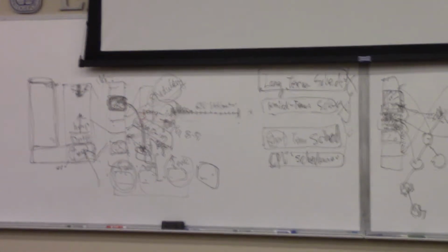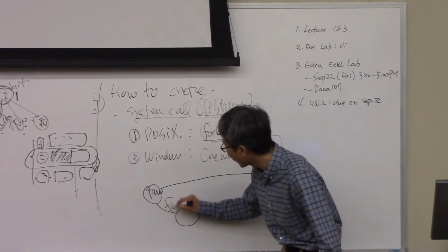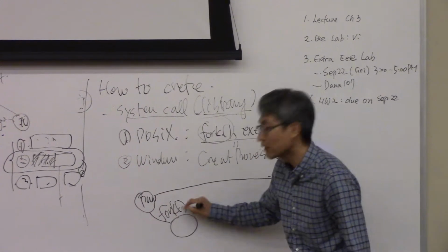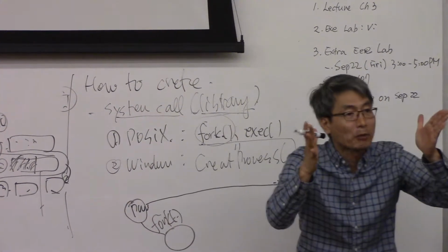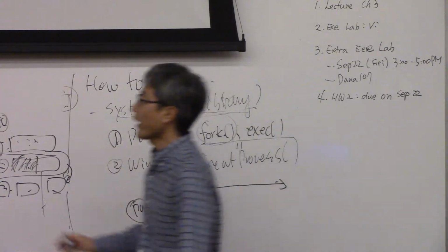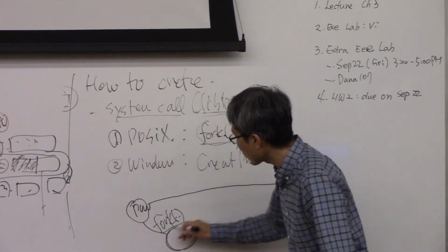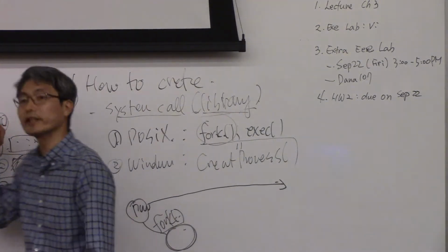So this fork first, so we have the parent process. The parent process is going on, but when we create the child process, it's using fork. So fork means finding the memory location. Okay. Then what about the child process ID? Is it created? Yes.